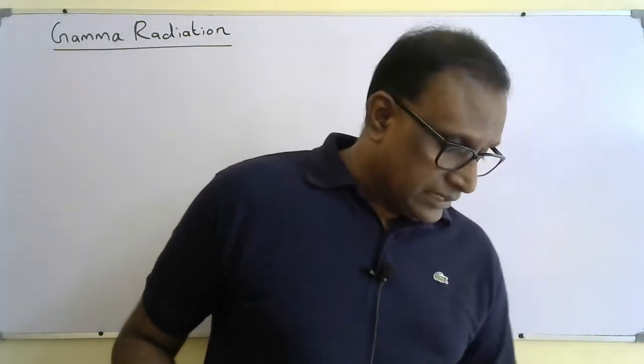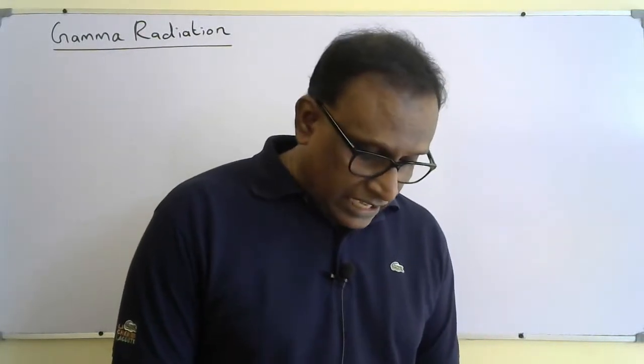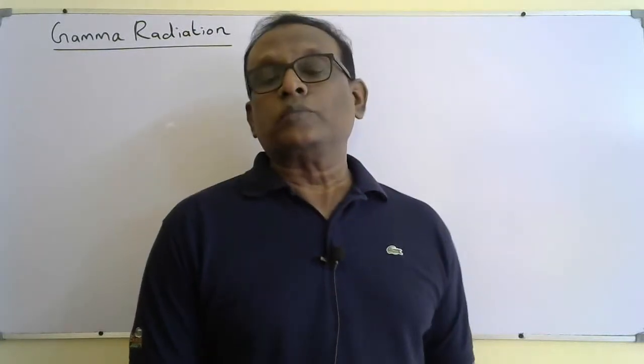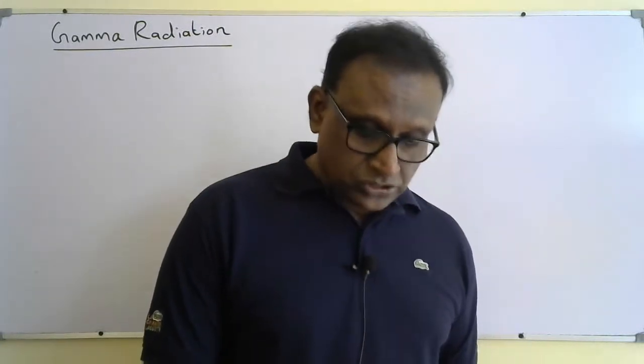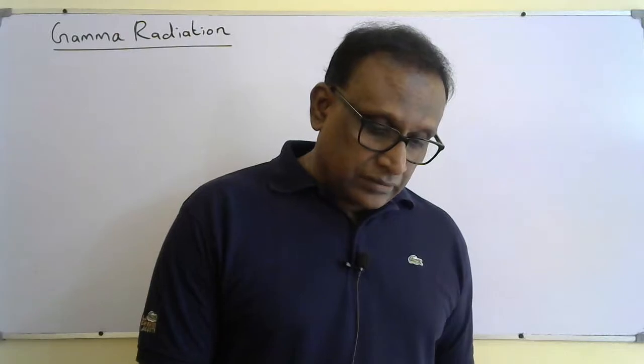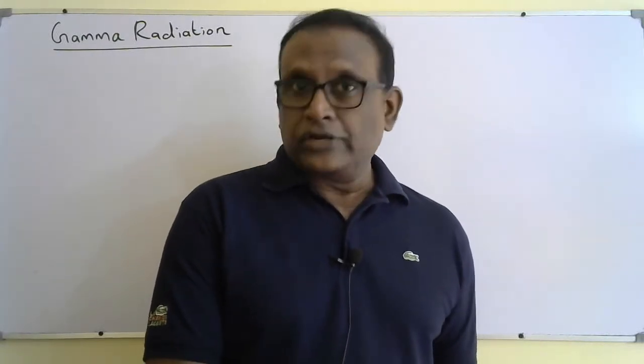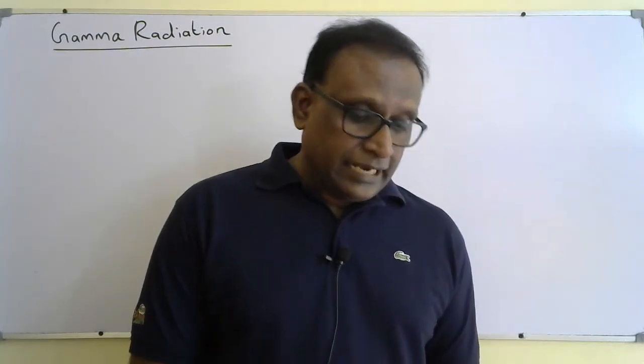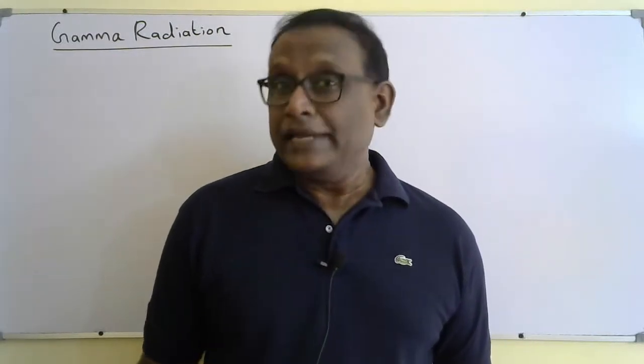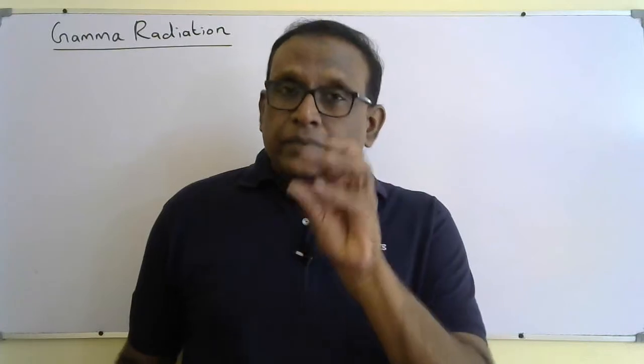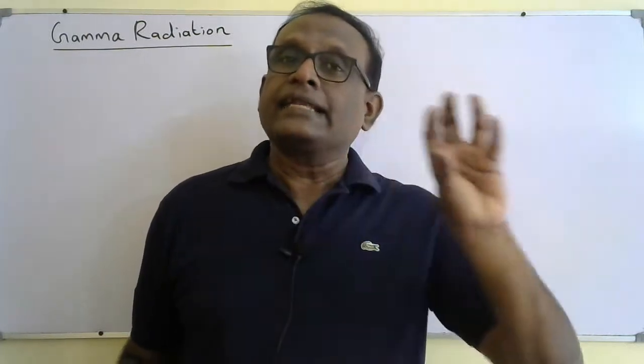I told that earlier when I started this lesson. If it is a thorium isotope 228, it also emits only alpha. If it is cobalt 60, a radioactive element, it becomes nickel by emitting beta minus. So one particular type of nucleus can emit only one type of particle.